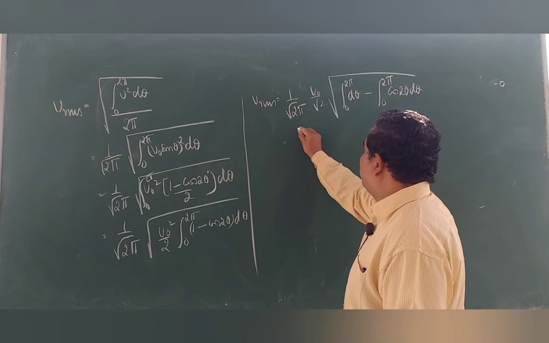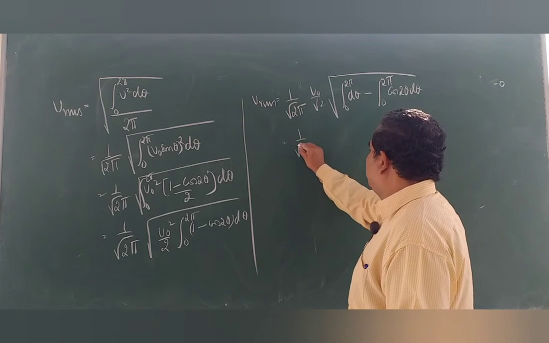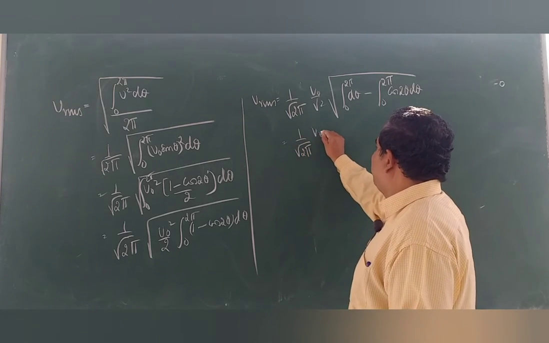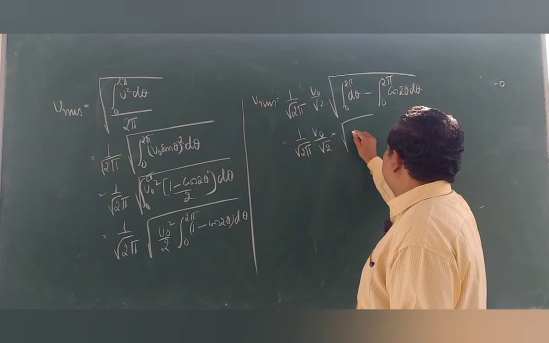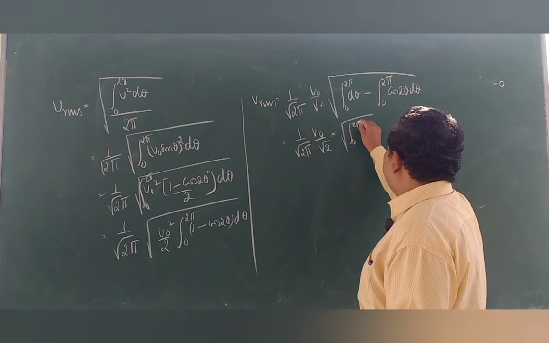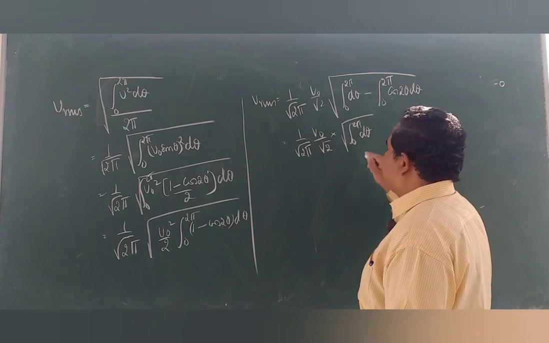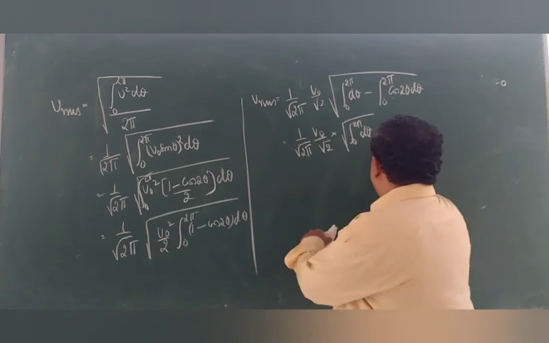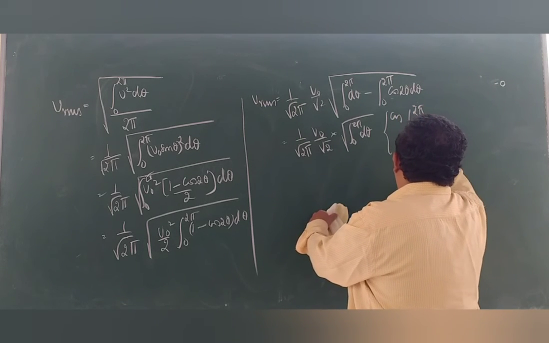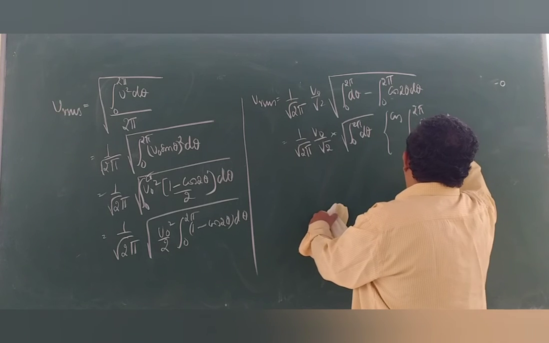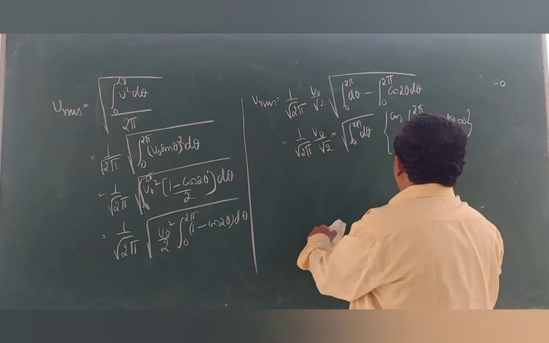Therefore, we can simply write 1 by root of 2 pi, V naught by root 2 into root of integral from 0 to 2 pi d theta only, as this term becomes 0. We write that integral of cos 2 theta d theta from 0 to 2 pi is 0 over one full cycle.